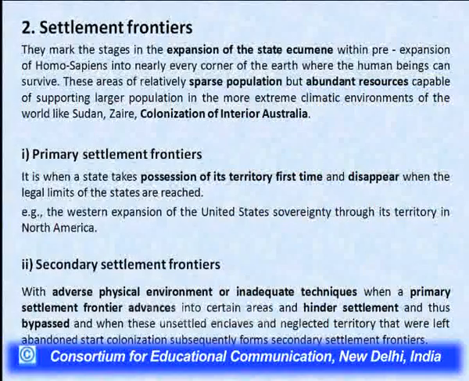The second type is settlement frontiers. Settlement frontiers involve expansion within the legal boundary, and the best explanation is the colonization of the interior of Australia. In settlement frontiers, there is already some population in that particular region.